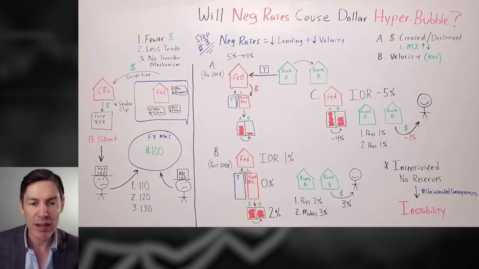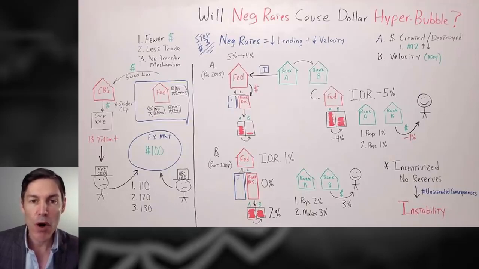If the Fed wanted to take interest rates, the Fed funds, from 5% down to 4%, they would buy treasuries or T-bills from the banking system, the primary dealers. This would create more liquidity in the system, or more cash. Because what happens, the Fed buys the T-bill from, let's say, Bank A, and they print up funny money and put it in Bank A's reserve account with the Fed.